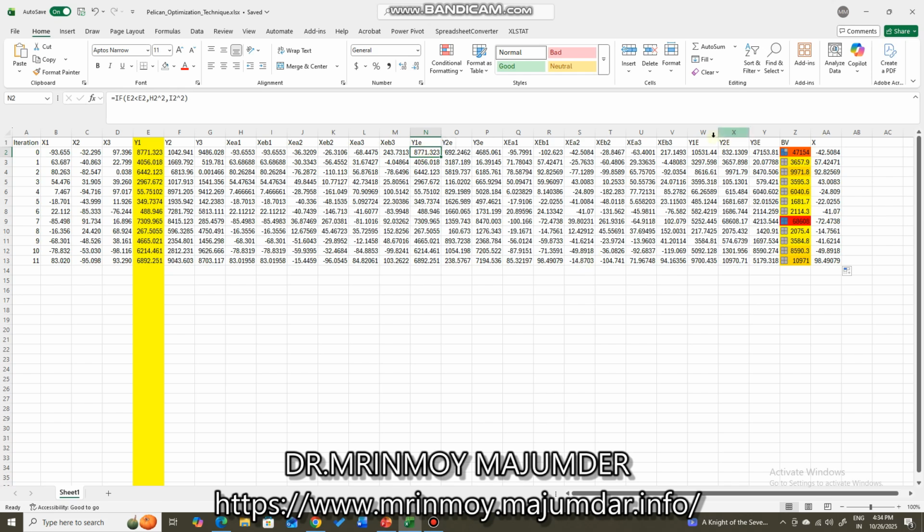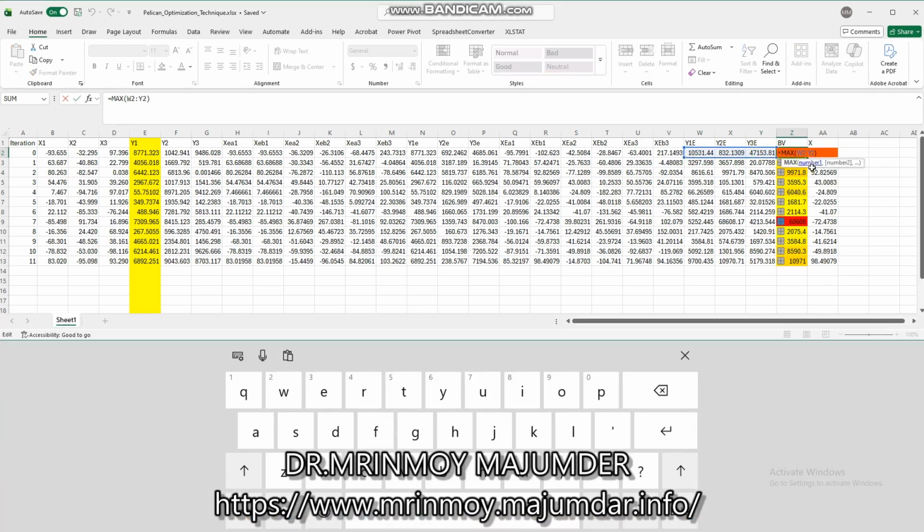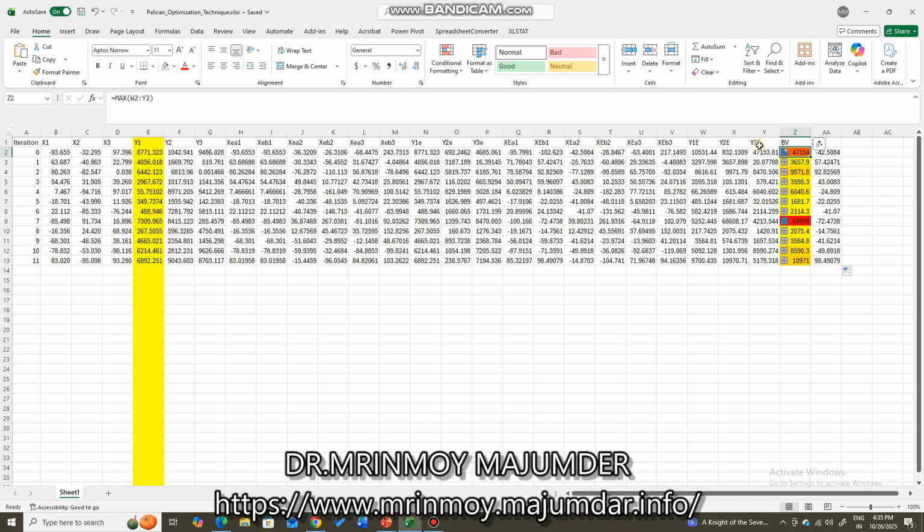Okay. Now once I found the values of y1, y2, y3, a simple maximization function was used, and accordingly we find the maximum value of y among the three agents. And with the help of a lookup function I have identified the value of x for which this y is maximum.